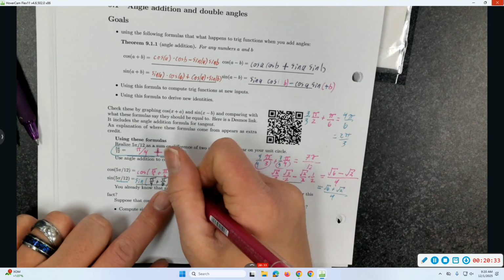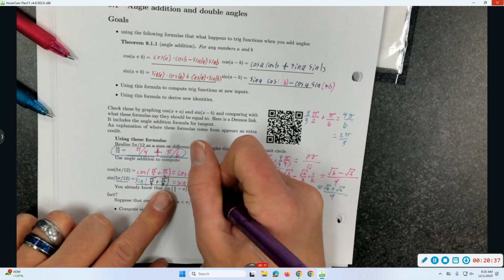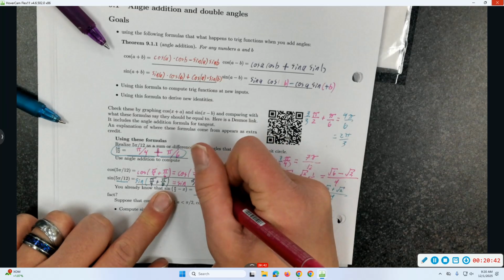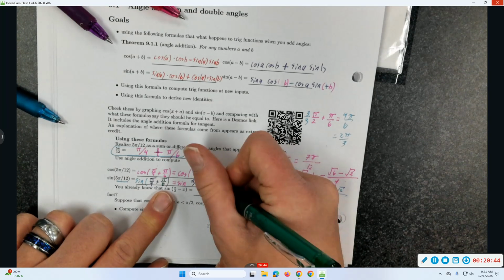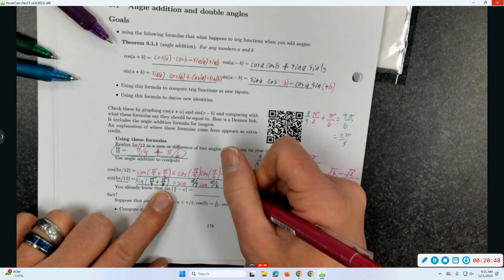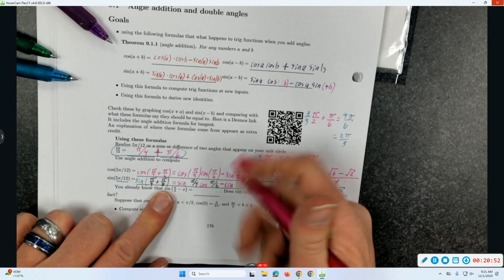So I should see sine pi over 4, cosine pi over 6, minus sine, nope, plus cosine times sine.